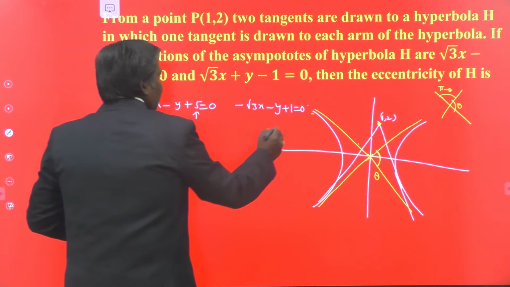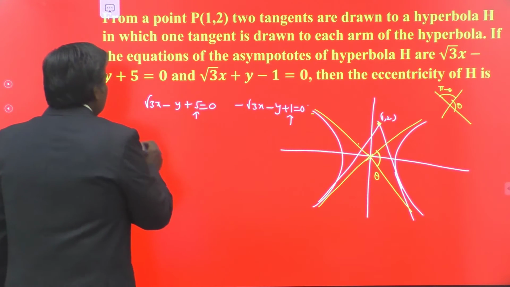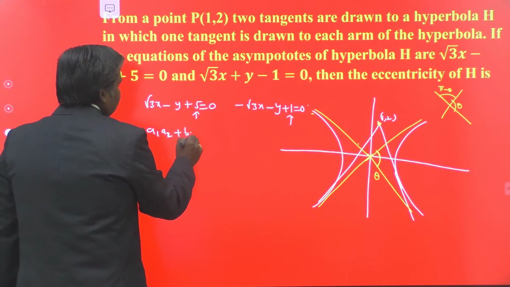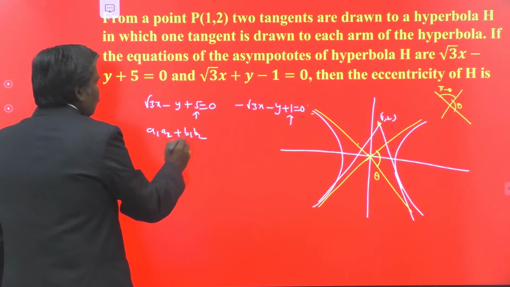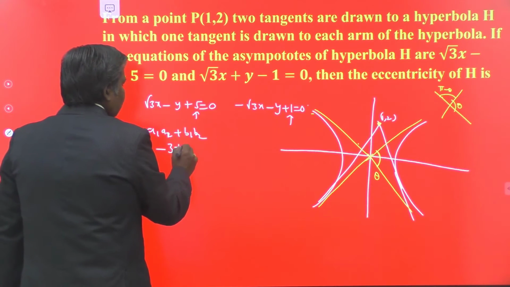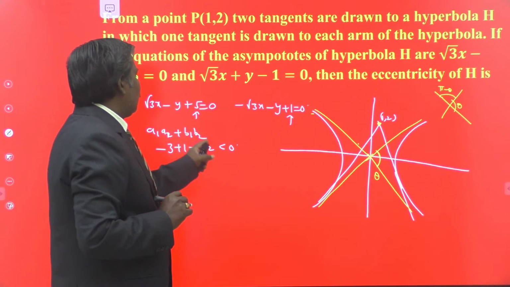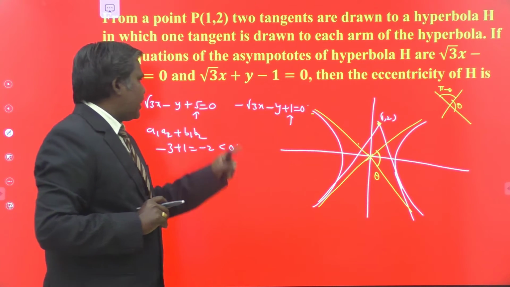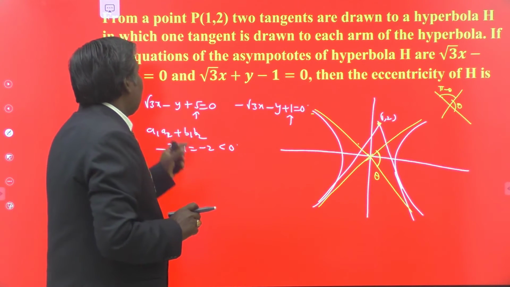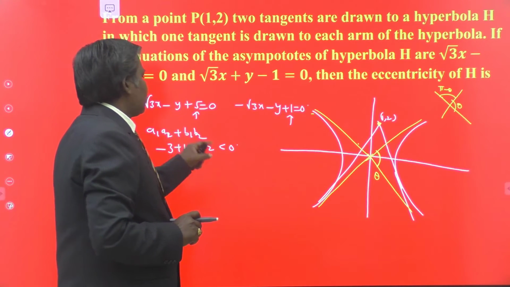Remember, here both constants are positive. Now we find A1 A2 plus B1 B2. What is A1 A2 plus B1 B2? Minus 3 plus 1, that is equal to minus 2, less than 0. So A1 A2 plus B1 B2 is less than 0 and C1, C2 are positive. At that time we have the acute or obtuse angular bisector.